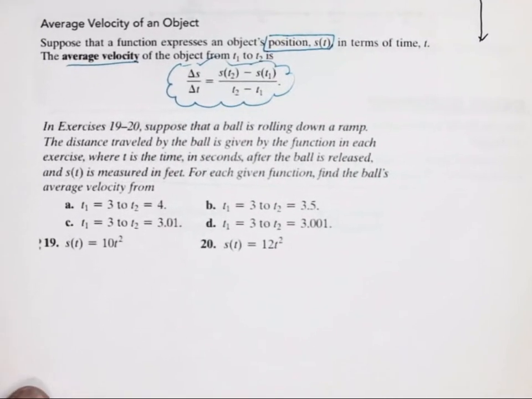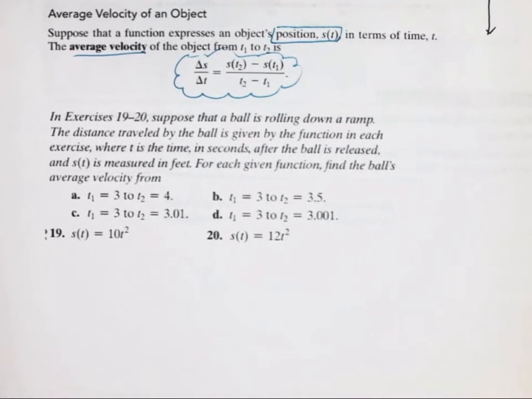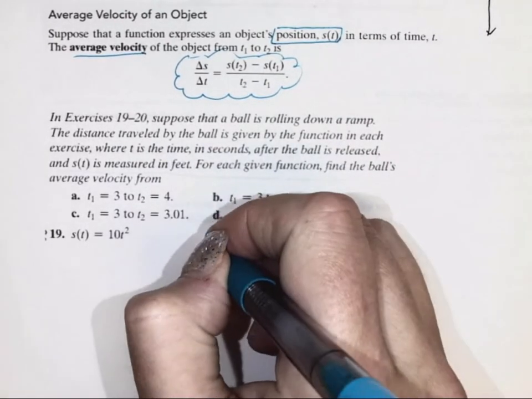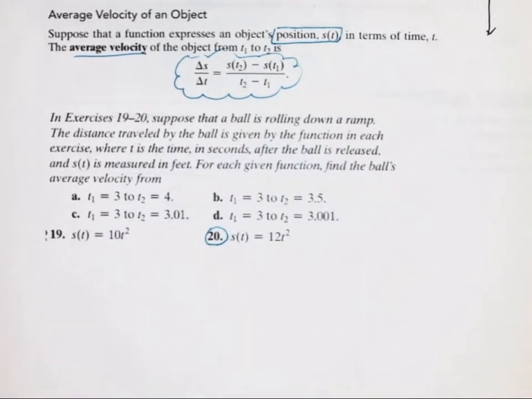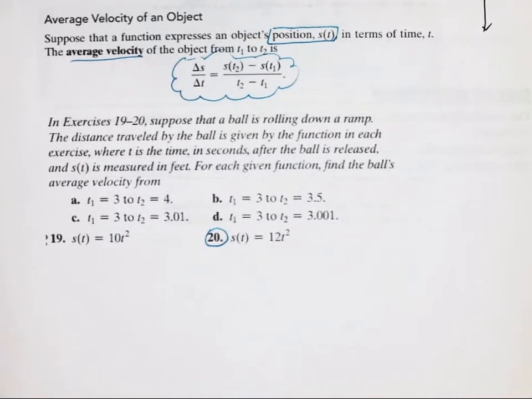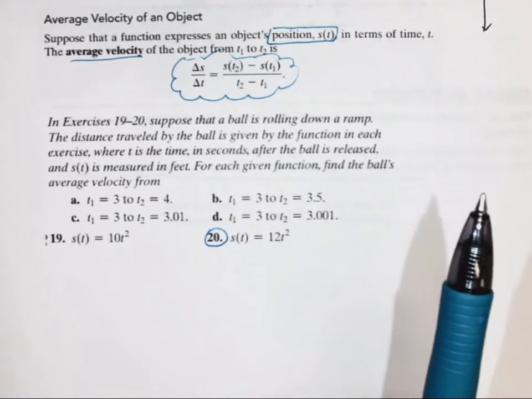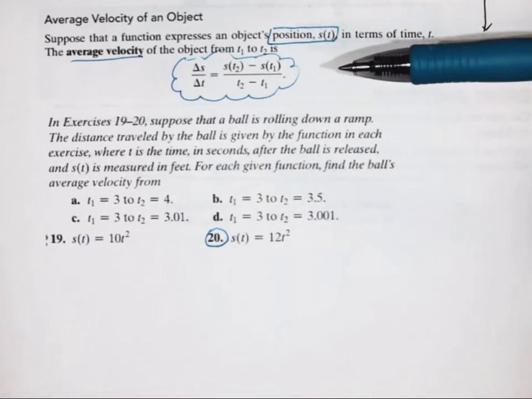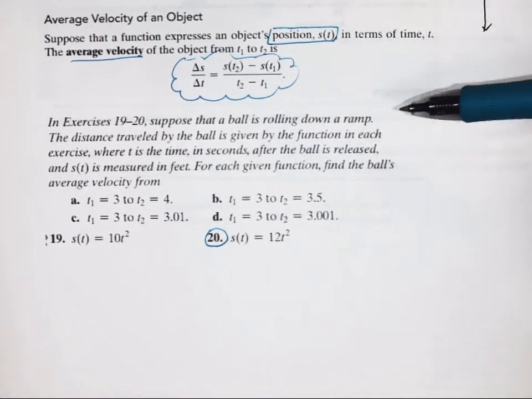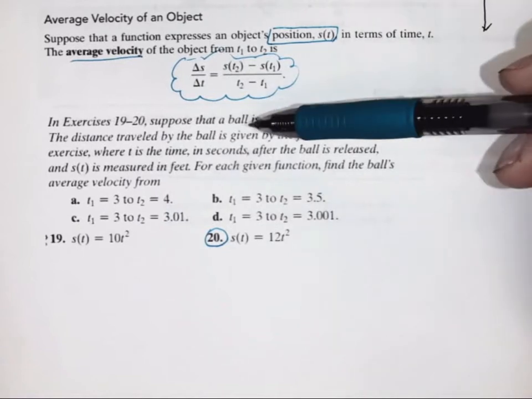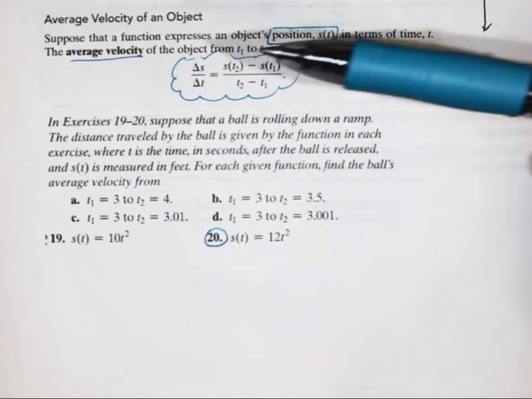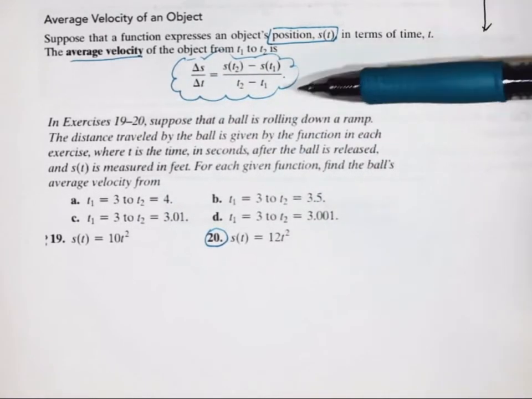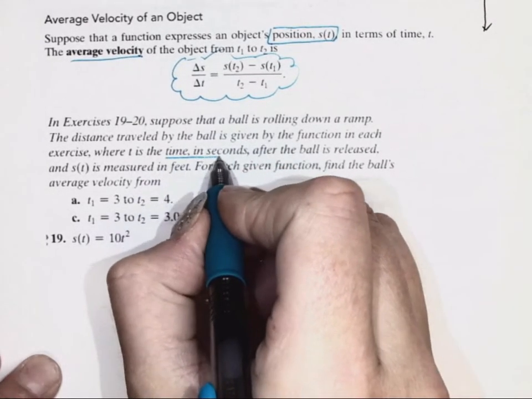All right, we're going to look at one example. I'll do number 20 with you, and we'll do several parts. You have a problem in MyMathLab just like this. In exercises 19 and 20, suppose a ball is rolling down a ramp. The distance traveled by the ball is given by the function in each exercise, where t is time in seconds after the ball is released. S of t is measured in feet.